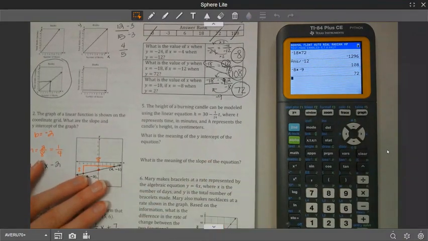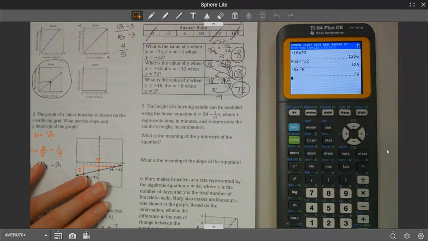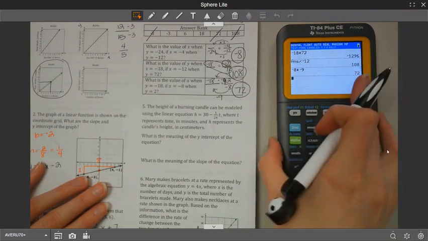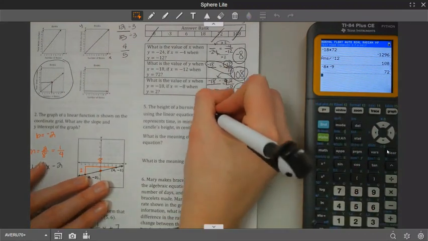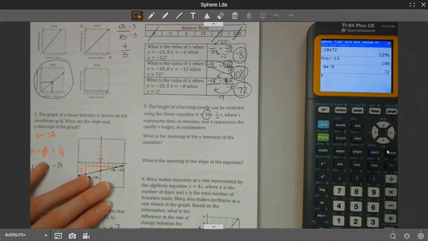Number 5, the height of a burning candle can be modeled using the linear equation h is equal to 30 minus 1/24 t, where t represents time in minutes and h represents the candle's height in centimeters. What is the meaning of the y-intercept of the equation? Okay, the y-intercept, remember, is something that you're being added or subtracted. So here, our y-intercept is 30. It's the thing that does not have the variable.